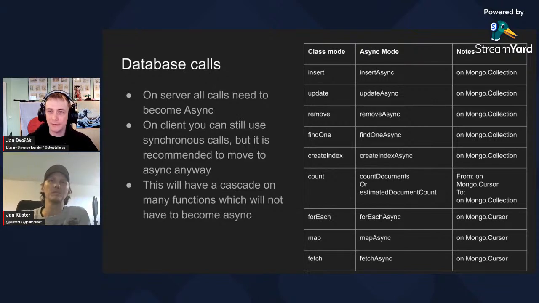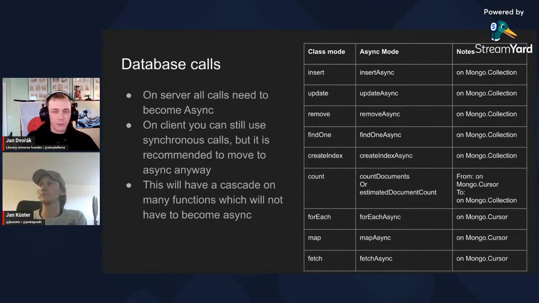Yeah, I always provide a general guide: if it touches or is anything related to the database, it is affected because of this change. So that's the first thing and probably the most important thing you need to change. Anything that touches the database, you most likely have to migrate to the new async functions.